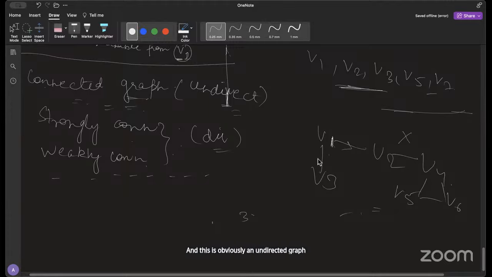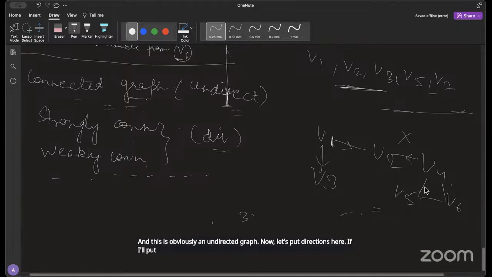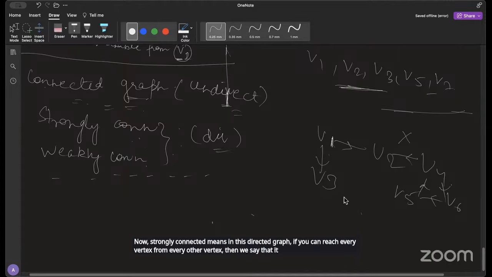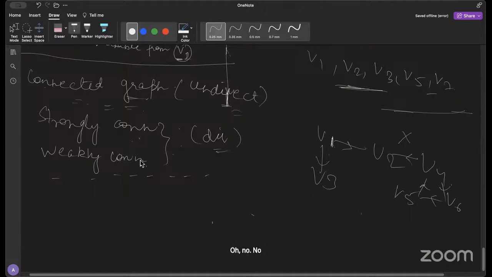Now let's put directions here. If I put directions here, now you'll have to check what's reachable from where. Strongly connected means in a directed graph, if you can reach every vertex from every other vertex, then we say that it's strongly connected. Do you think it's strongly connected? No, it's not.